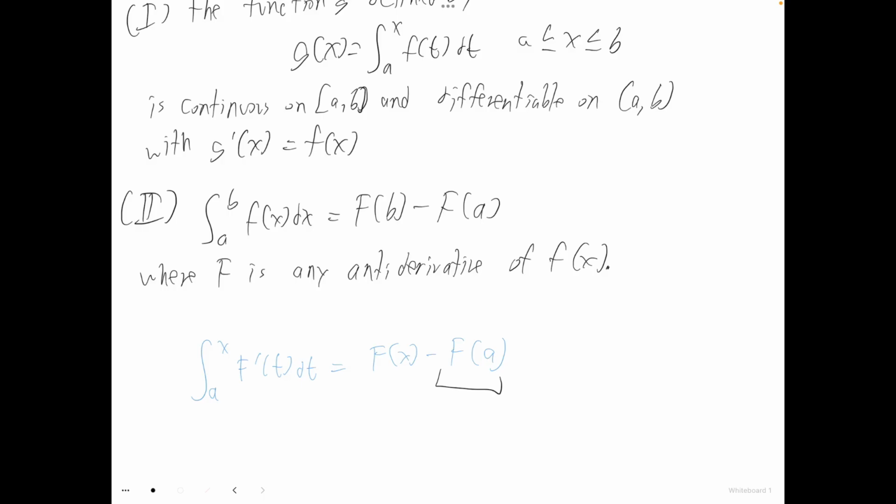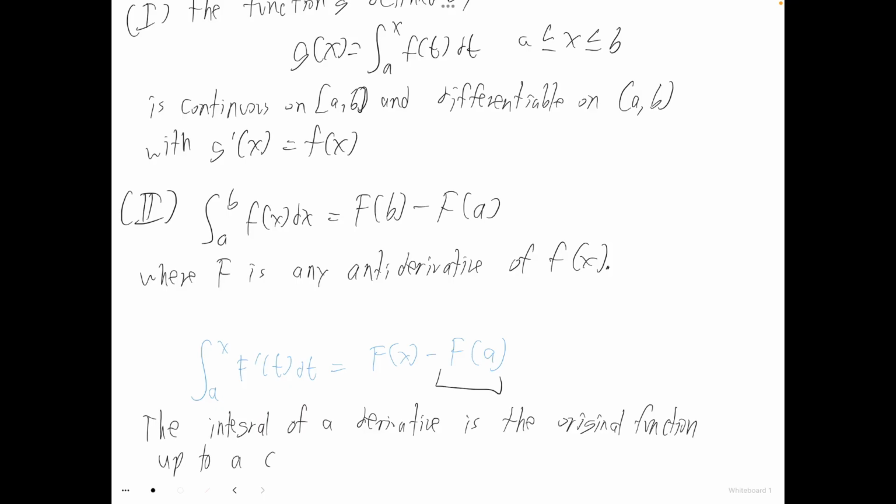So, in other words, the integral of a derivative is the original function up to a constant. Okay, so if you take the derivative of an integral, you just undo each other, but if you take the integral of a derivative, you might be off by a constant. Okay, and so they aren't quite inverses of each other, but they are extremely close to each other.